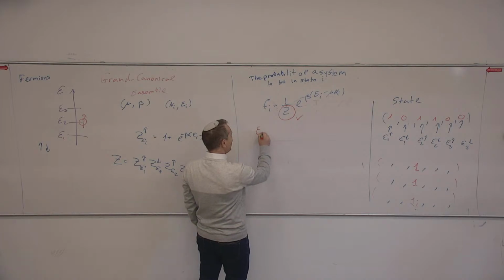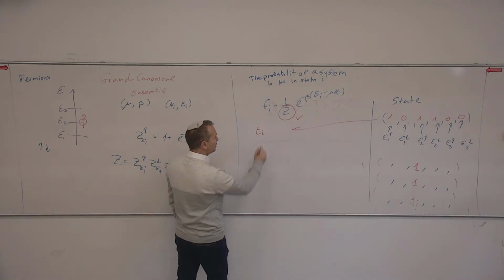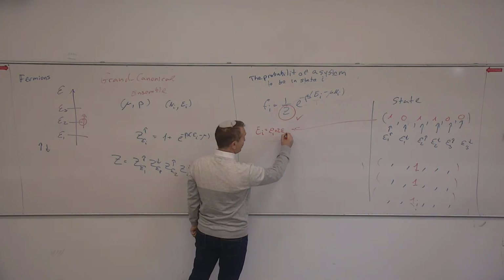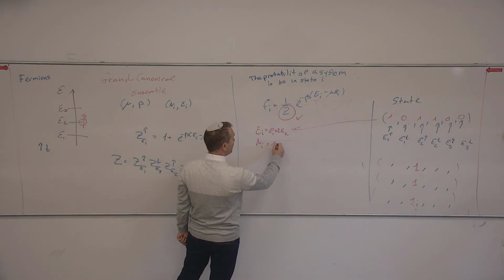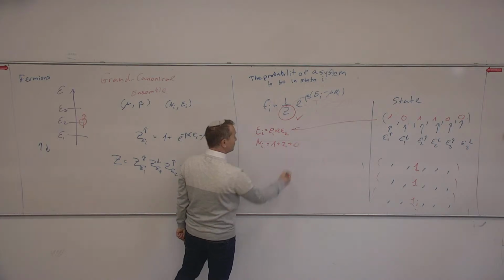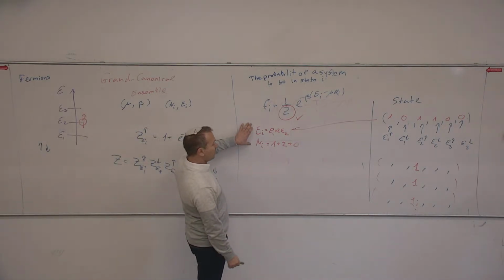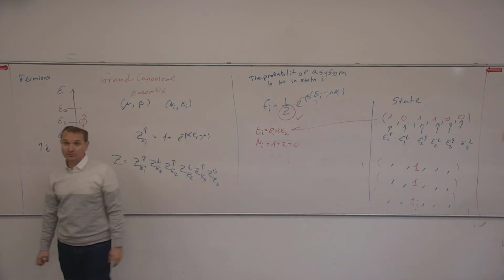So E i for this specific case is epsilon 1 plus 2 epsilon 2. And N i is 1 plus 2 plus 0. I substitute those numbers into this equation and I obtain the probability. That's it.